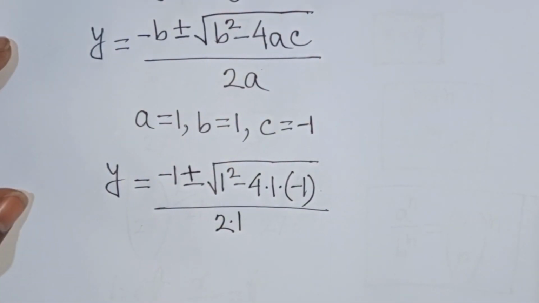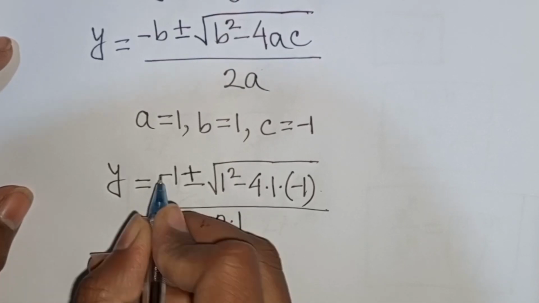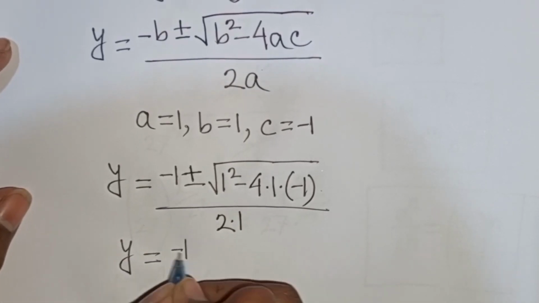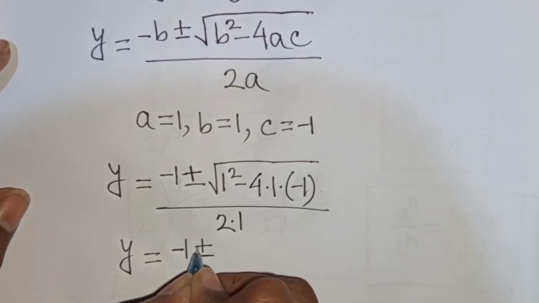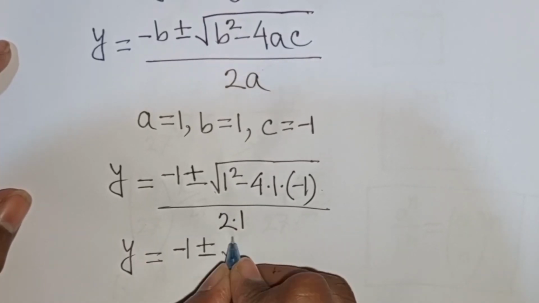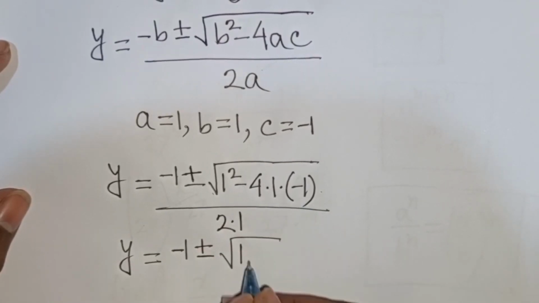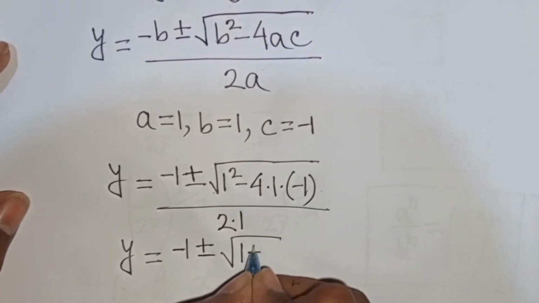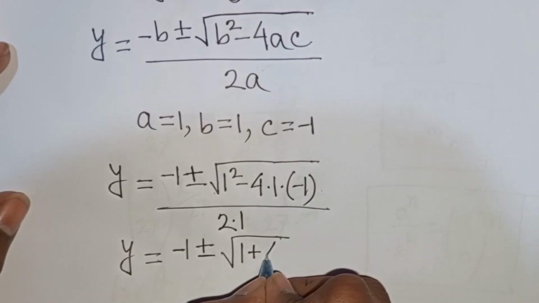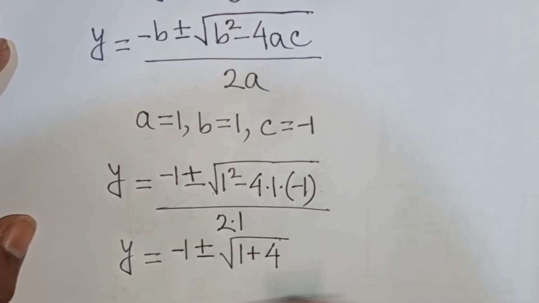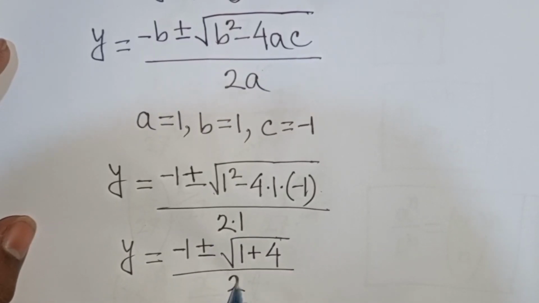Now we can write y is equal to minus 1 plus or minus a square root of 1 square, which is same as 1, then minus times minus, that means it will be plus 4 times 1 times 1, that means 4, then divided by 2 times 1, that means 2.